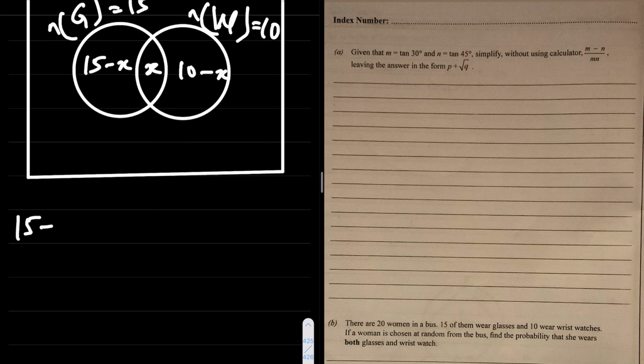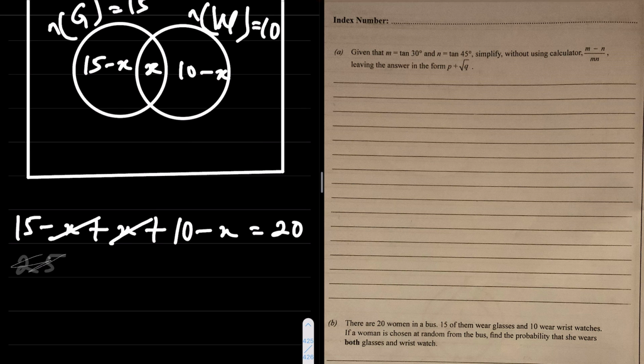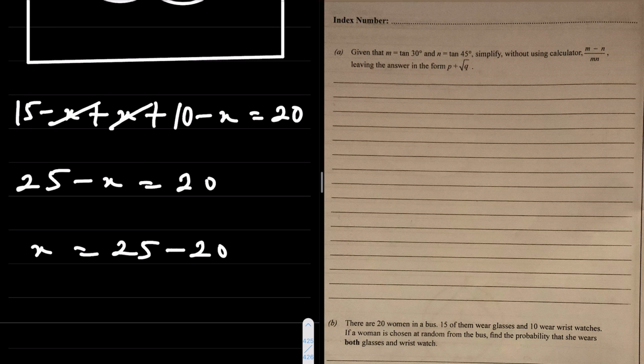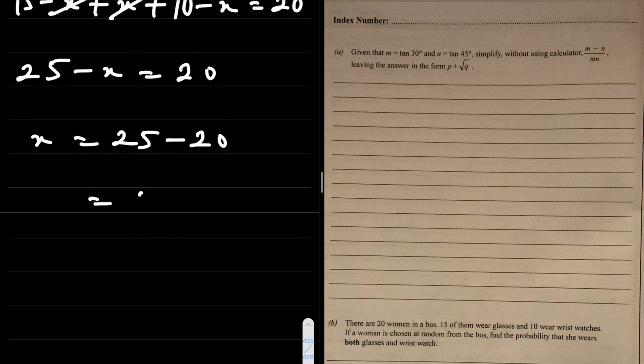So we can say 15 minus X plus 10 minus X equals 20. Minus X plus X is 0. 15 plus 10 is 25. That means 25 minus X equals 20. And that simply means X equals 25 minus 20, which is equal to 5.